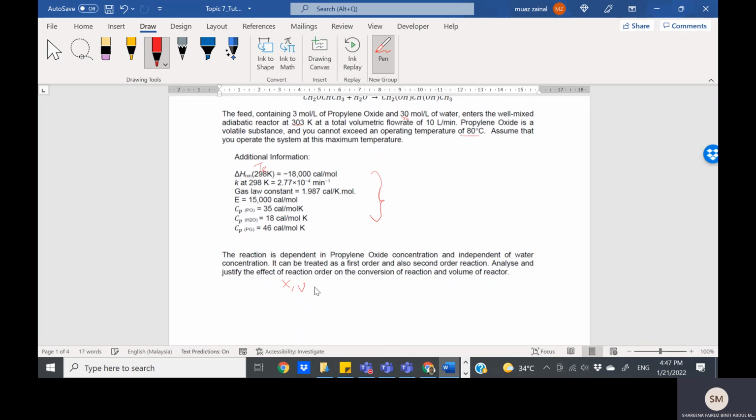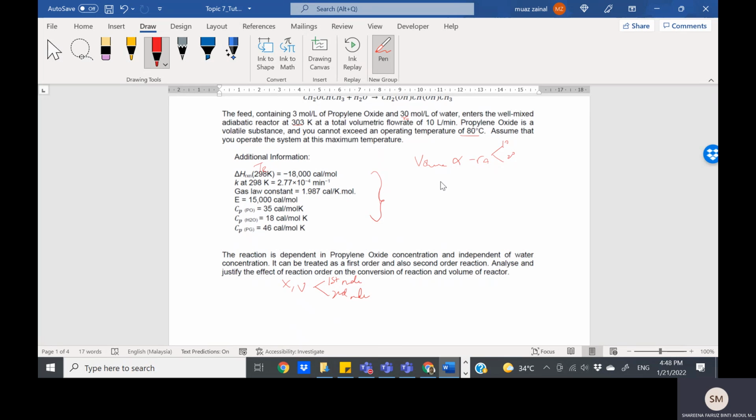Assume first order and second order. The difference is in terms of the volume, because volume is related with the negative rA. Negative rA for first order and second order is different; the equations are different.